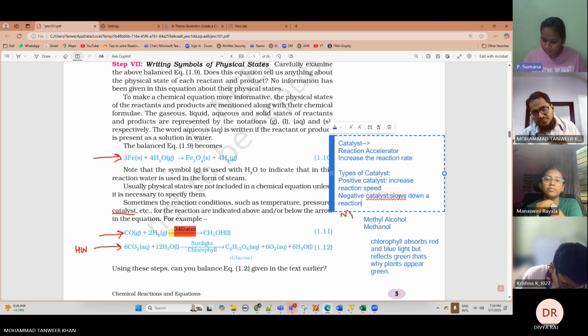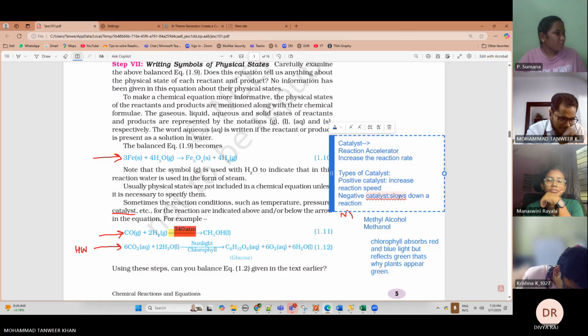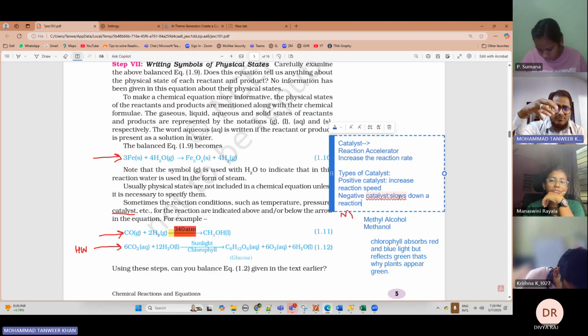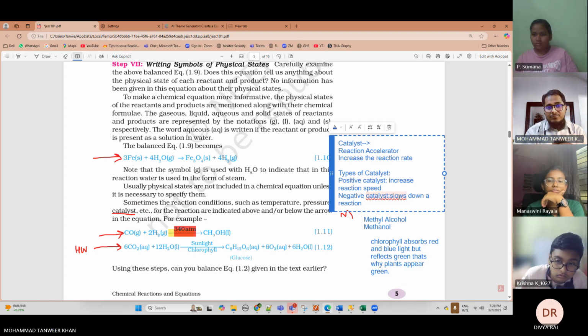Now, I will give you a real-life example. Sometimes when you visit a doctor, they will give you some syrup that contains enzymes.